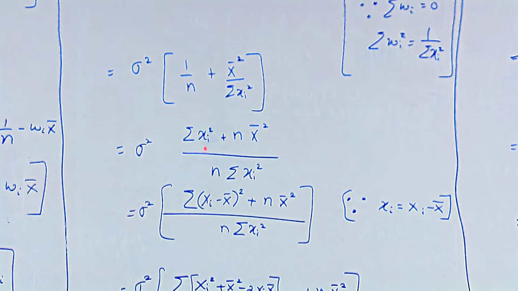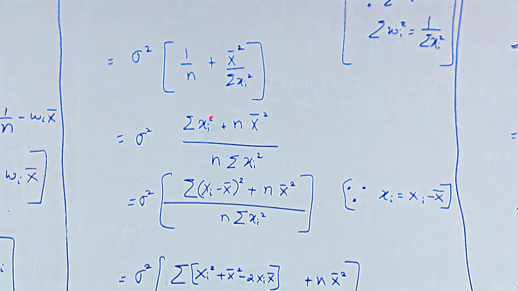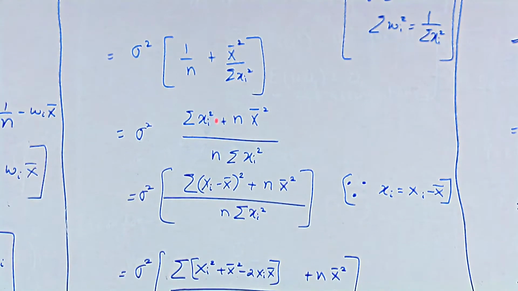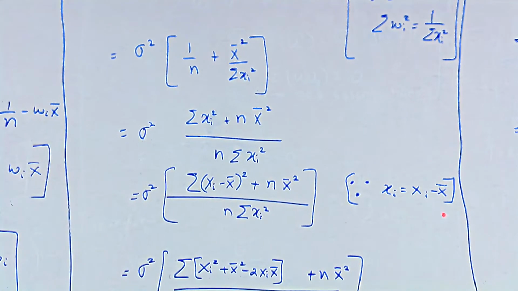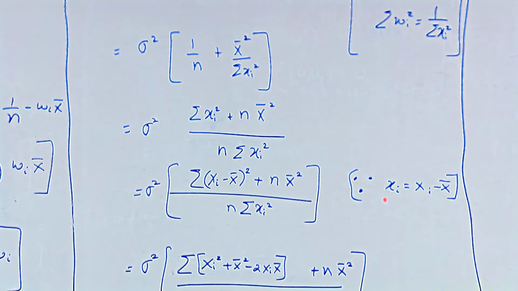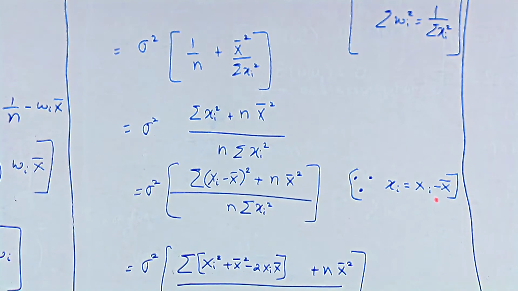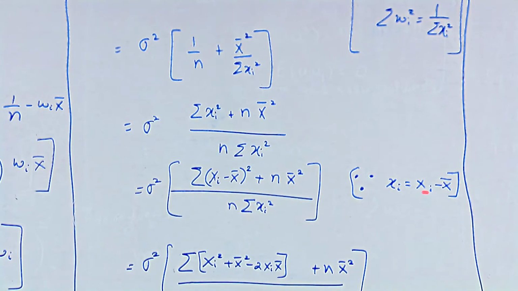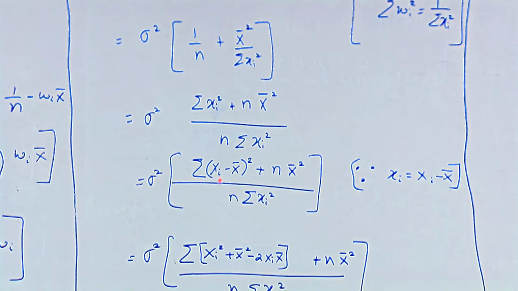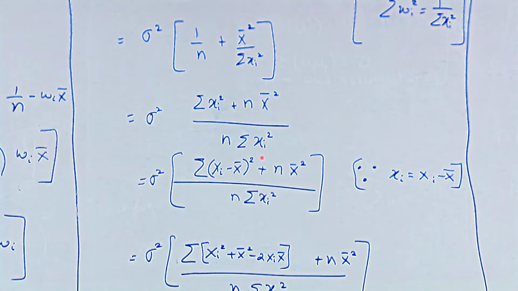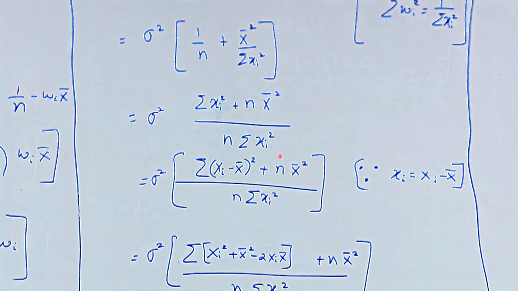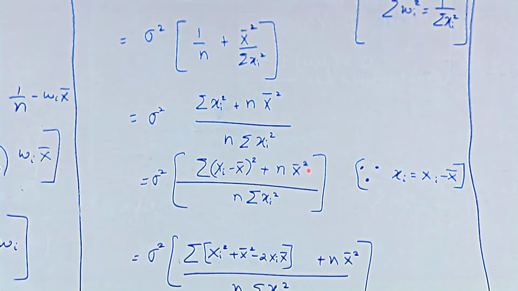Now we may expand this term, sigma small xi square. We already know small xi is nothing but the deviation from the mean values. So small xi is equal to capital Xi minus x bar. So substituting this, we get sigma small xi square is equal to sigma capital Xi minus x bar the whole square plus this term n x bar the whole square.